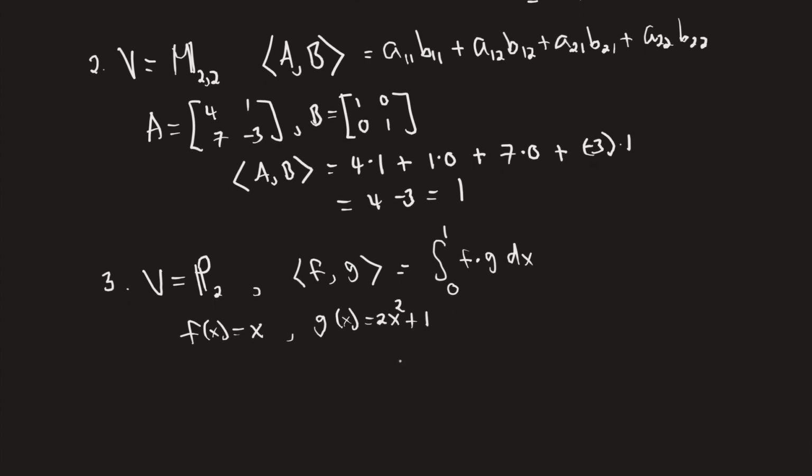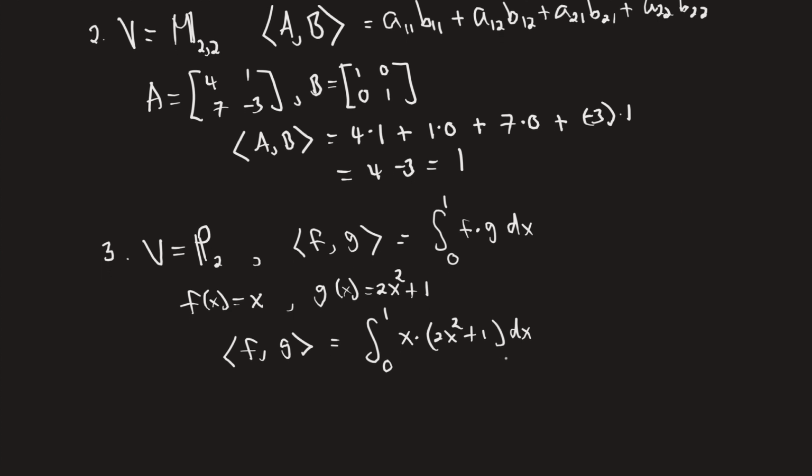So if I wanted to find the inner product of these two vectors in P2, this is how we would write it up, f comma g in square brackets. So it's going to be the definite integral from 0 to 1, and I would just multiply these two. So it'll be x times the quantity 2x squared plus 1.